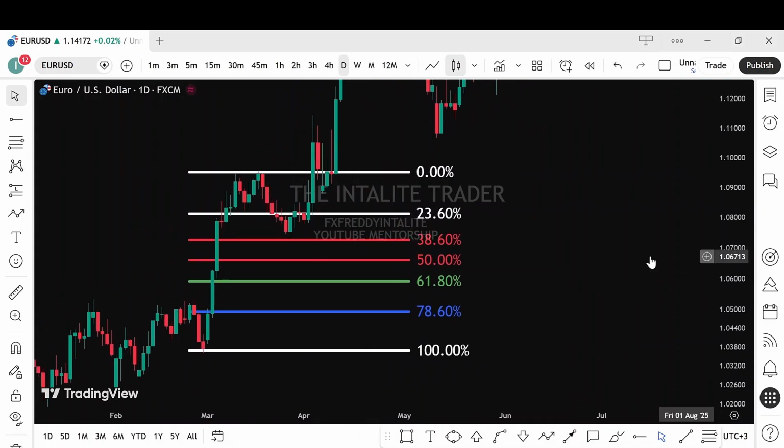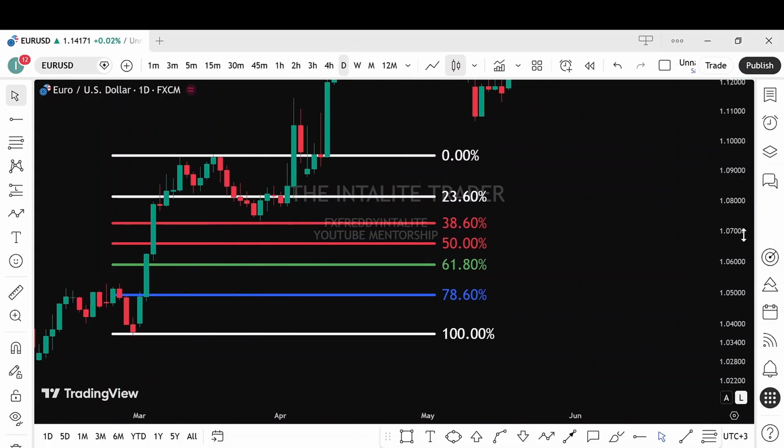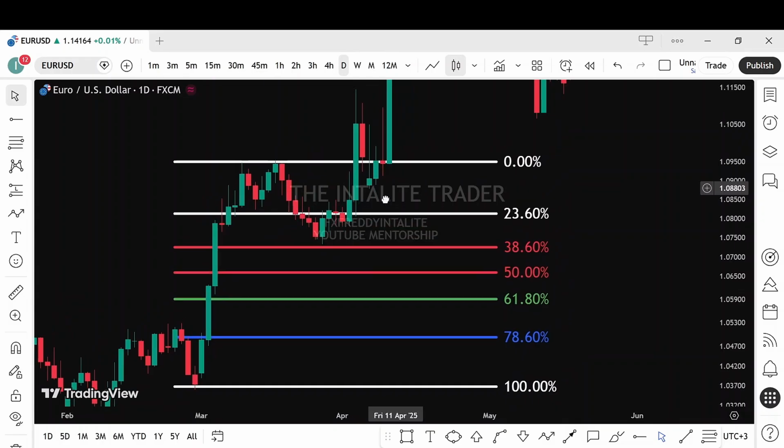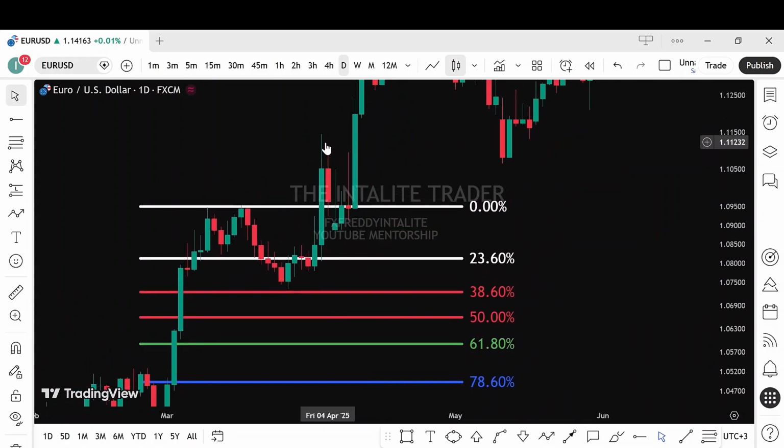Now here, if you can see, we had a huge move to the upside, and then we had a pullback into the 23.60 level. Are you seeing? Then what happened? Price moved higher.